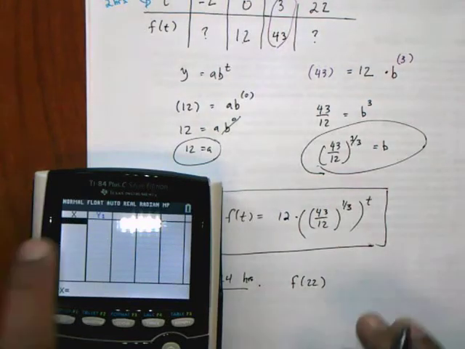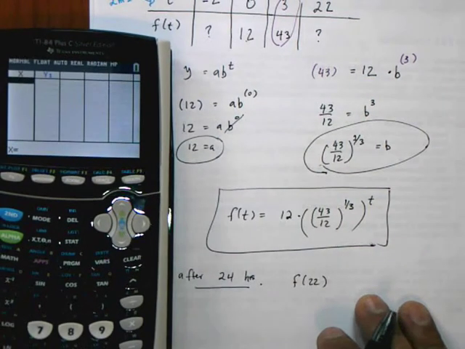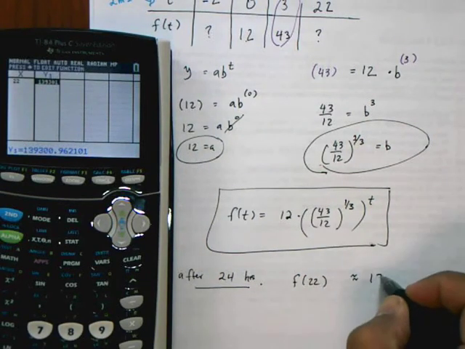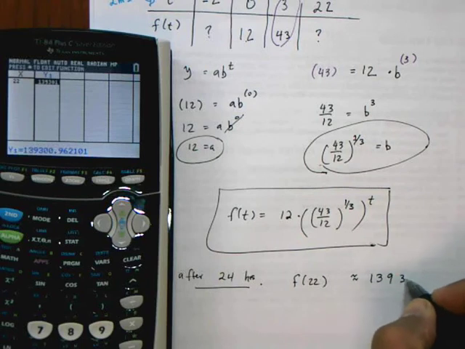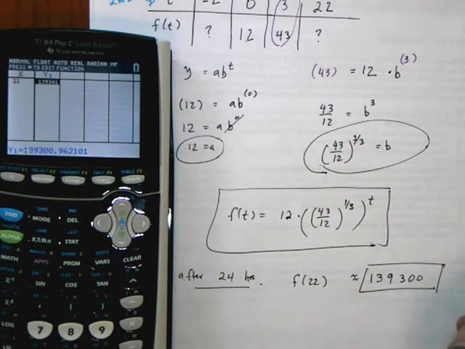So after 24 hours, again, I'm looking for 22. So I'm going to type in 22 here for x, and you can see I get 139,300. And that's the same number that I got before.